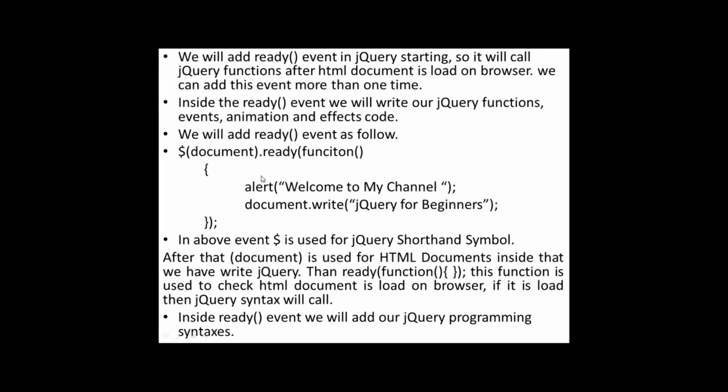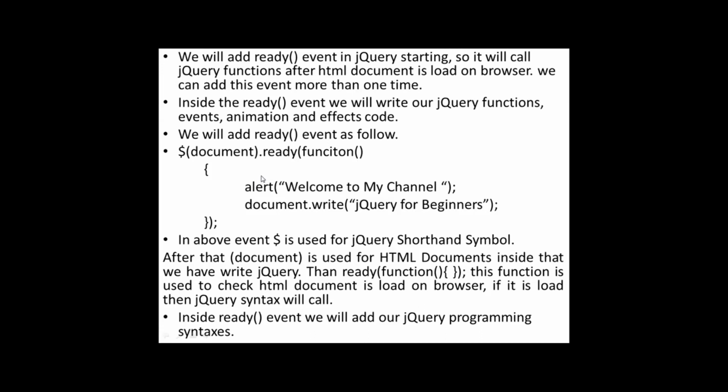Inside the ready event I have mentioned the function keyword. This function is used to check whether the HTML document is loaded on the browser. If it is loaded, then the jQuery syntax will be called. The function itself is considered an event handler of jQuery.